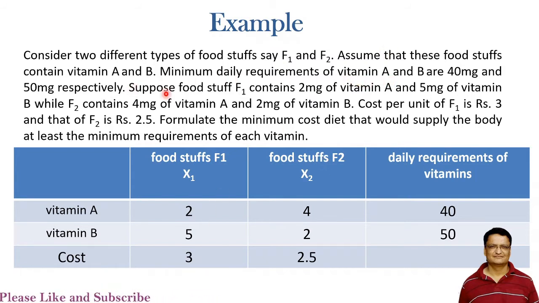It is mentioned that foodstuff F1 contains 2 mg of vitamin A and 5 mg of vitamin B, while F2 contains 4 mg of vitamin A and 2 mg of vitamin B. Also cost per unit of F1 is given as rupees 3 and F2 is given as 2.5. Also the minimum requirement of A is given as 40 and B is given as 50. So all data can be represented in this table.